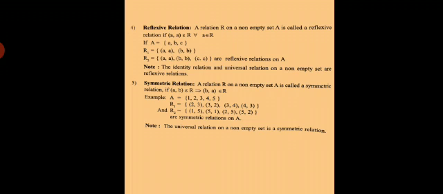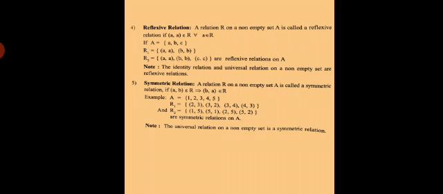See, for example, A is given with five elements 1, 2, 3, 4, 5. Then relation R1 can be written as (2, 3) and its inverse is (3, 2); (3, 4) and its inverse is (4, 3).